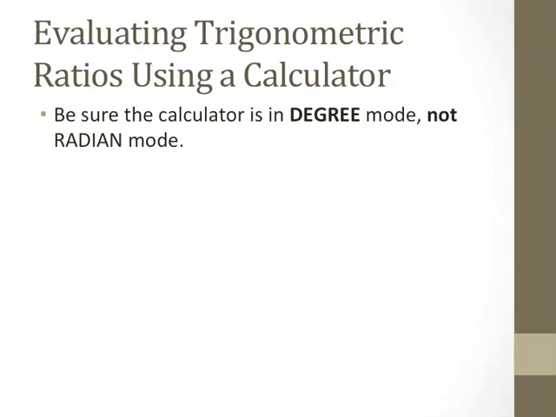Now, you haven't learned what radians are, but radians are just another unit of measurement to measure angles instead of using degrees. But for right now, since everything we're working with is in degrees, we want to make sure we're in degree mode so that if we're putting in sine of 52 degrees, that is in fact 52 degrees and not 52 radians.